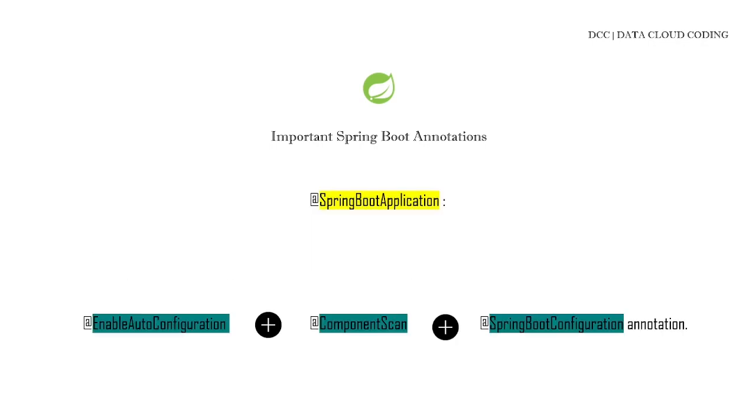So whenever I have used @SpringBootApplication, I do not need to mention these three annotations explicitly. It comes as a package of these annotations, and hence we do not define them separately. Okay, so let's look into all these three annotations.